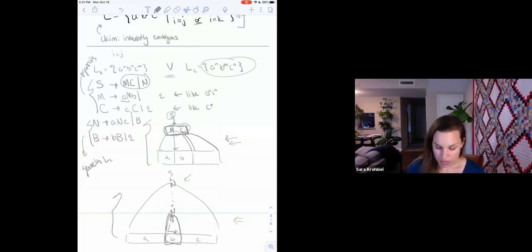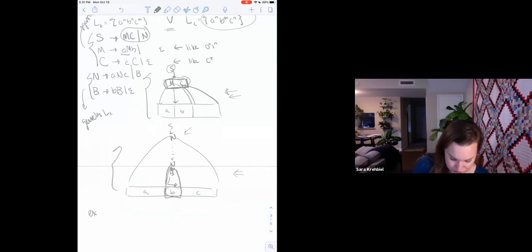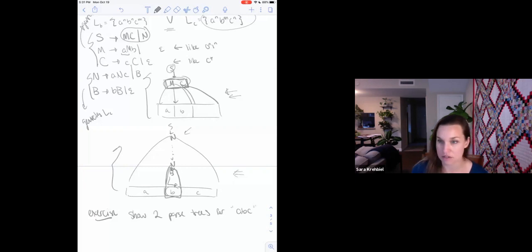And so what I'm going to leave as an exercise to you is to show two parse trees for the string ABC. One of them should fit this format, where this was generated by being sure that A and B match with each other, and the other one should be generated by ensuring that A and C match with each other.